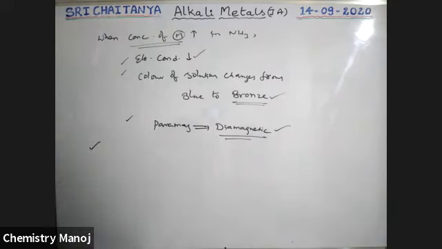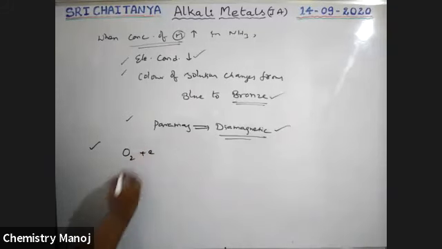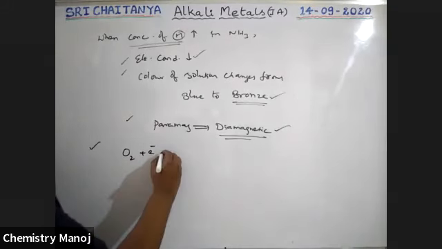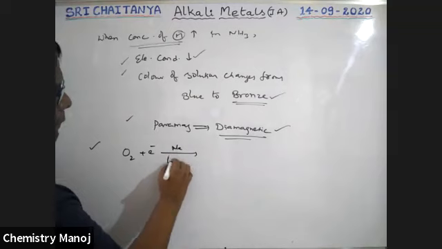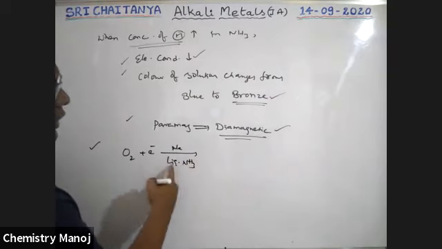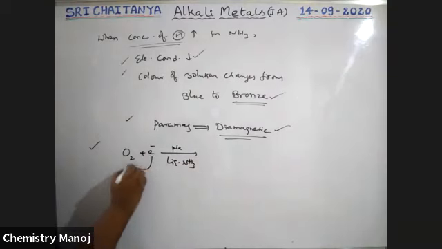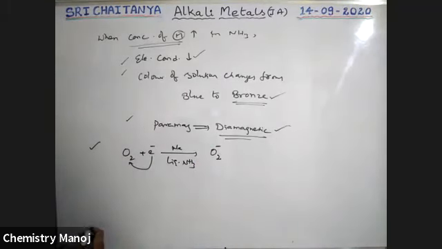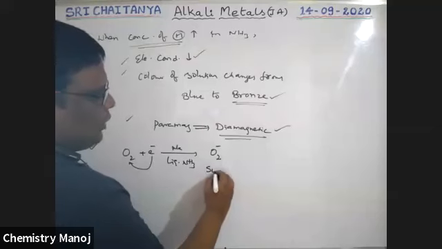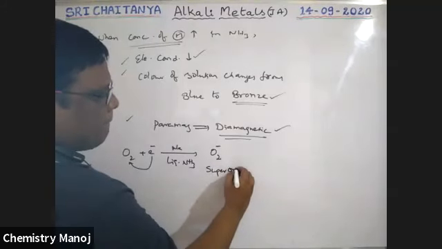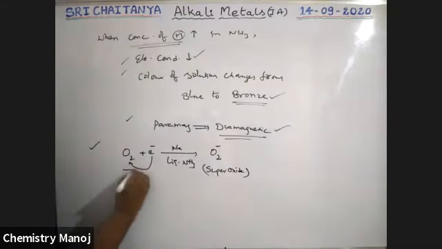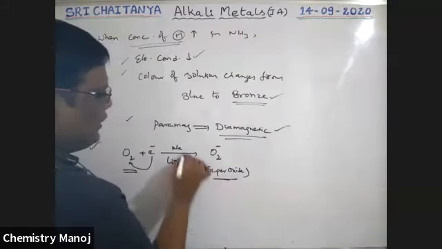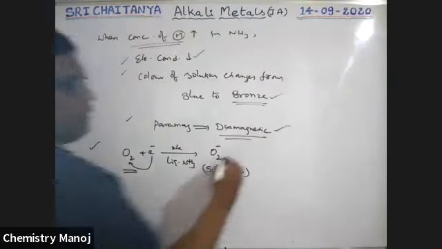Next point: when O2 collects the electron released by sodium in liquid ammonia, sodium releases one electron, that electron is collected by oxygen, and it converts into O2 minus, which is superoxide.